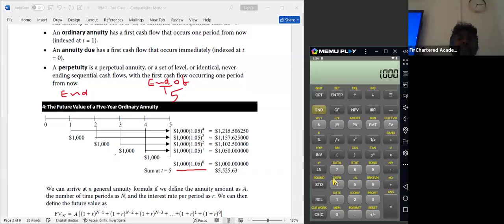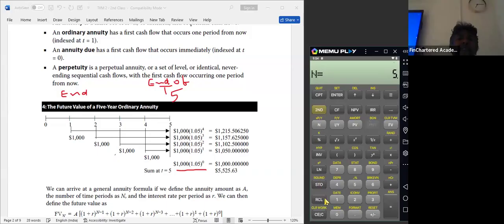PV is a one-shot investment. And I'm taking my N as 5 and my PMT as 1,000, which means each of the 5 years I'm investing 1,000. That is captured in the PMT and in the N also. N is 5, and PMT is 1,000.